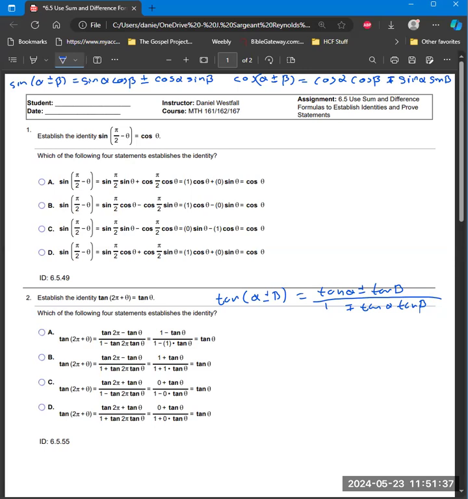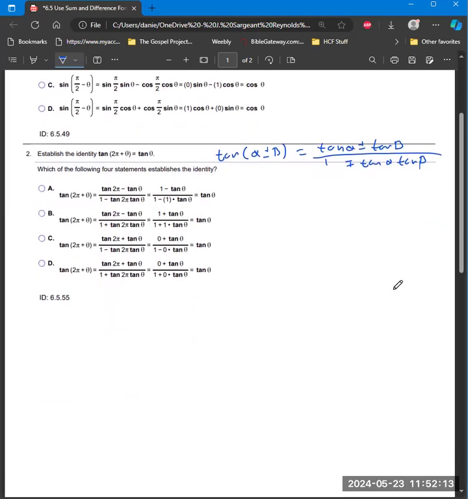That's looking like this one, yep, it's B. And let's just verify: sine of pi over 2 is 1. Cosine of pi over 2 is 0. So all of this part becomes 0, and that's just 1 times cosine, which is cosine. That is correct. And then the left-hand side here is going to equal the right-hand side.